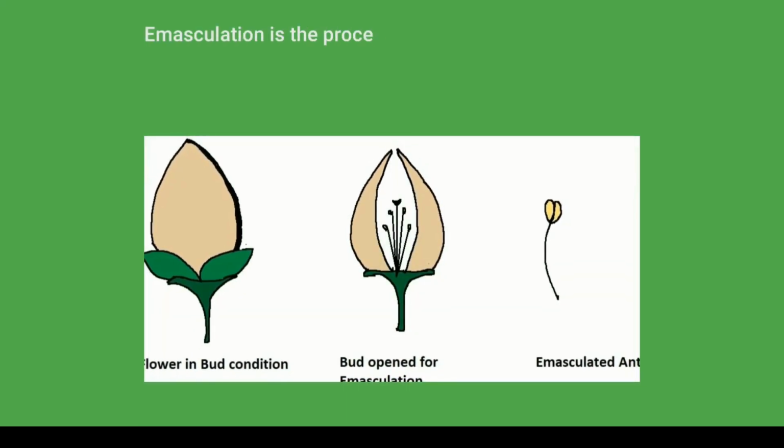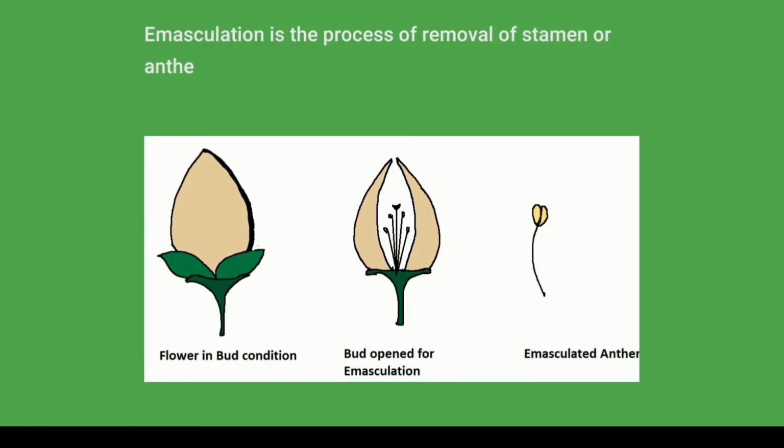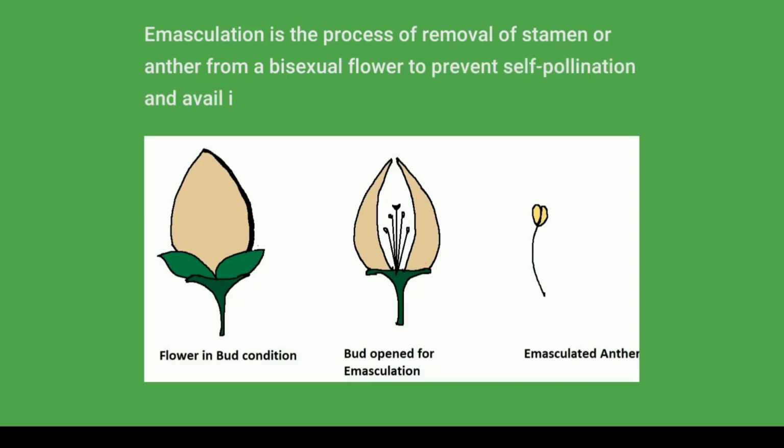So what is emasculation? Emasculation is the process of removal of stamen or anther from a bisexual flower to prevent self-pollination. A bisexual flower means one in which both sexes, the female and the male gamete, are present.